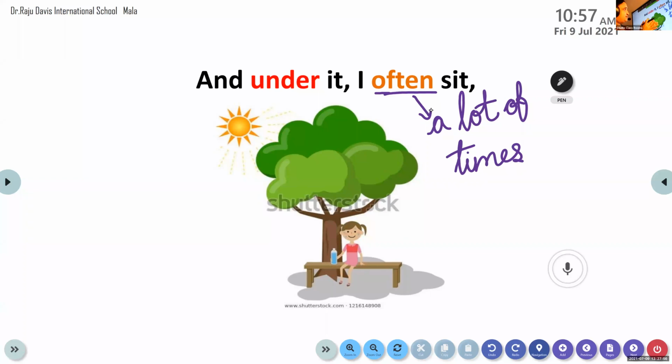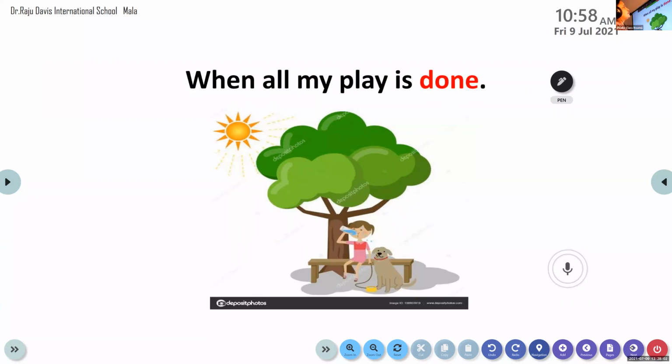Good effort. Mahadev, unmute and read the next sentence. When. When.